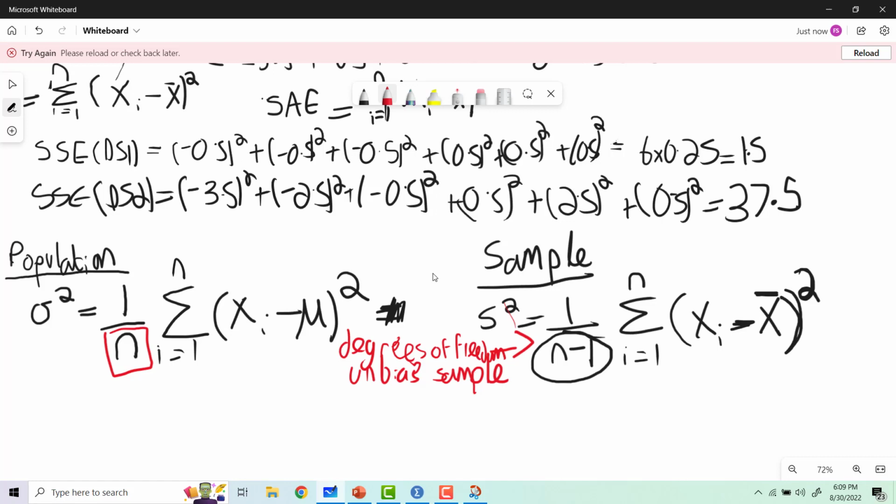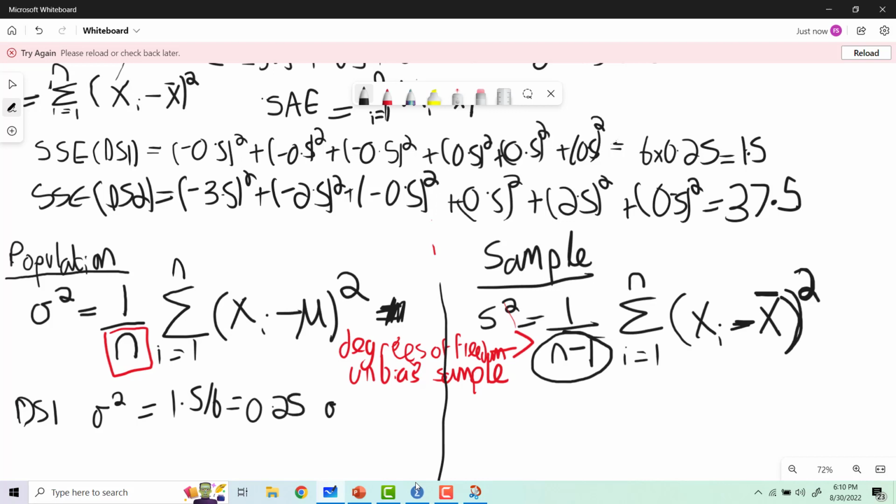So let's just, for the population, we have data set 1. We have sigma squared equals 1.5 over 6 equals 0.25.